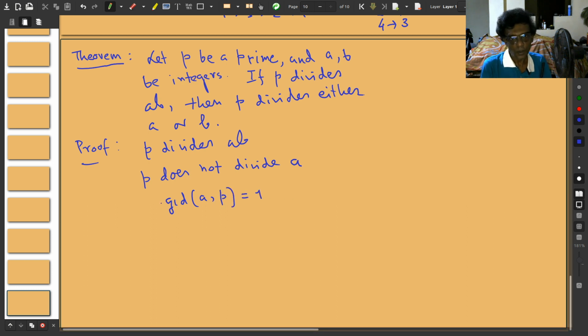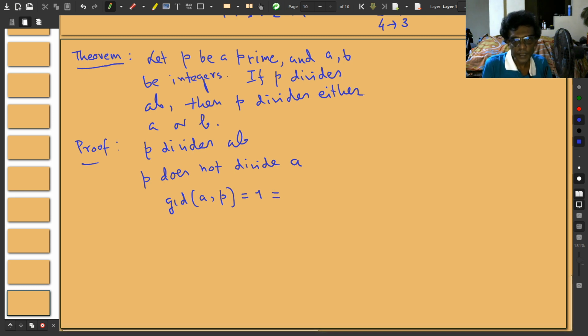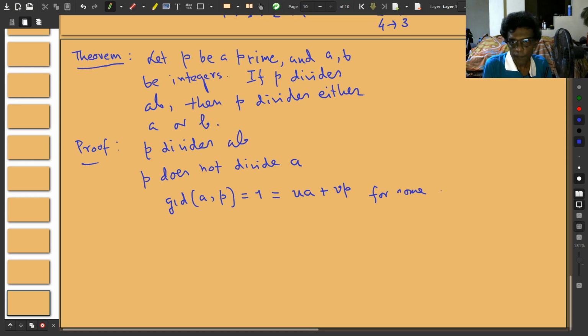Okay. So now I will use a result which I will prove later. When we study invariance, I will prove this statement. The GCD can always be written as a linear combination of the arguments, UA plus VP, for some U, V, not positive integers. One of them is usually positive, the other one is usually negative. Otherwise, you cannot have it equal to 1 like this. So for some U, V, signed integers.